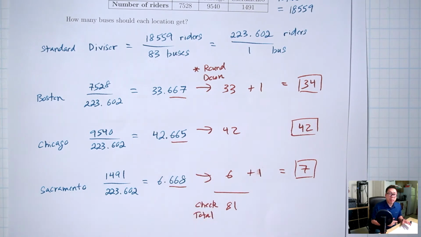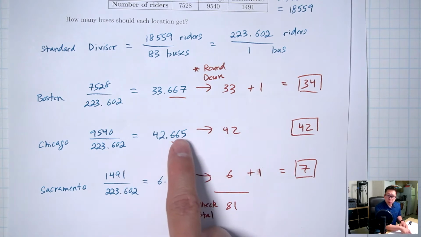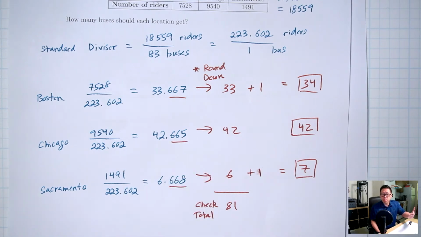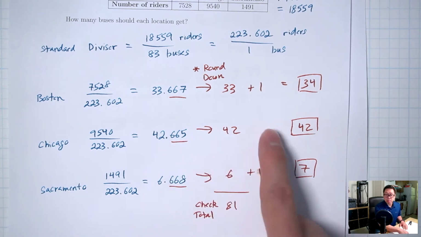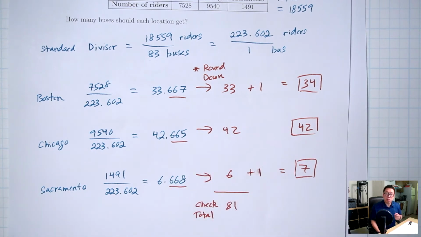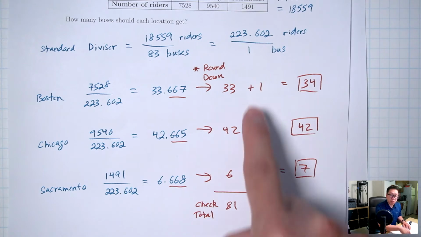It's so close that if anything changes even a little bit, right now 665 is in third place. If you change the population or add on a new representative or add on a new state, any small changes could put this third place into first place. And if that happens, then Chicago is going to get the extra, which means either Boston or Sacramento is going to lose their representative. So these paradoxes are happening in part because we're giving away these extras at the end.